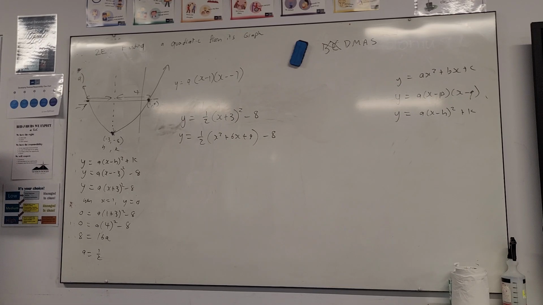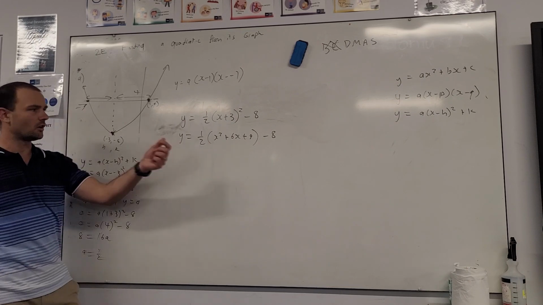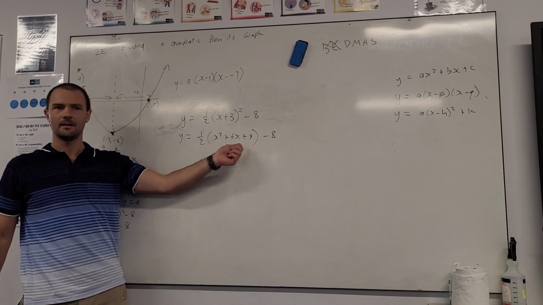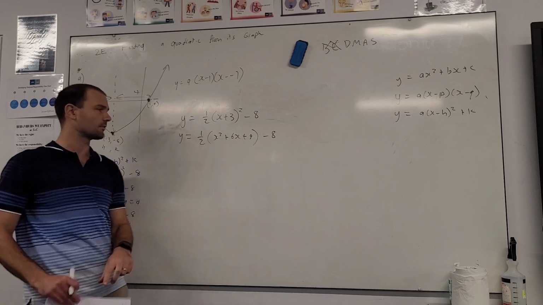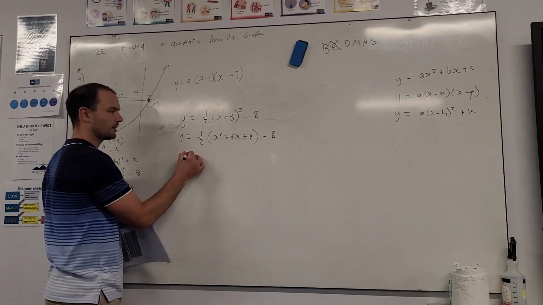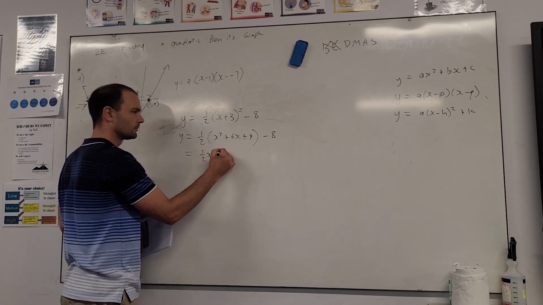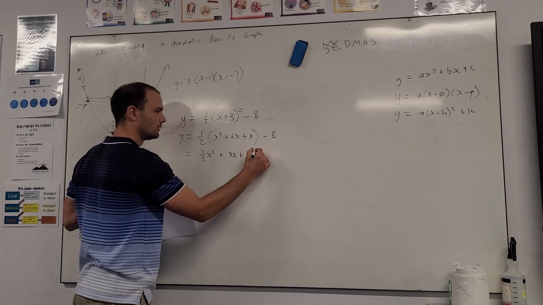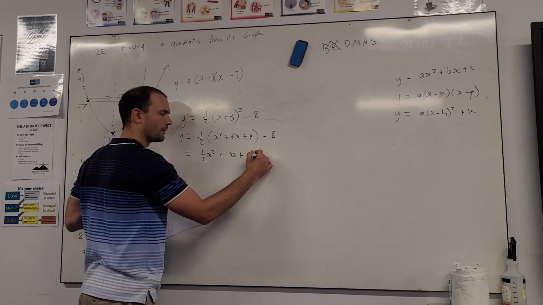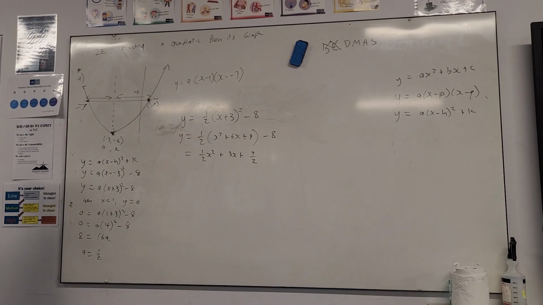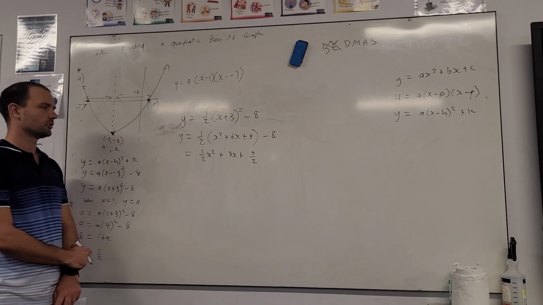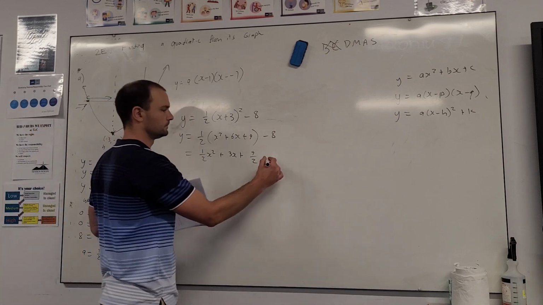Next, division and multiplication. I'm not going to put this minus 8 in there because we're required to multiply it first. That's what those brackets tell us, right? Half times everything. So I'm going to distribute the half. Half of 9, you can write 4.5 or you can write 9 on 2, the fraction.